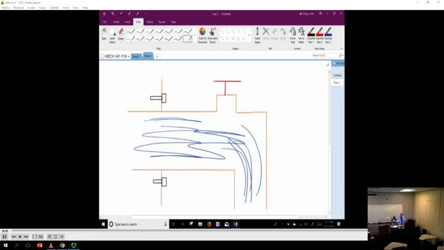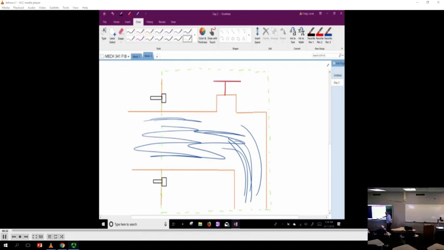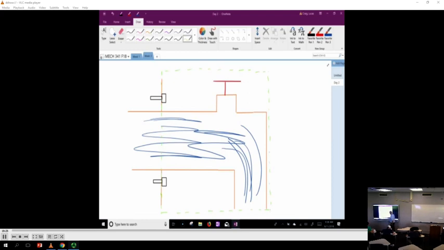Remember that? So we capture the whole thing on the outside. All right? That dotted section all the way around here is what we call our control volume.